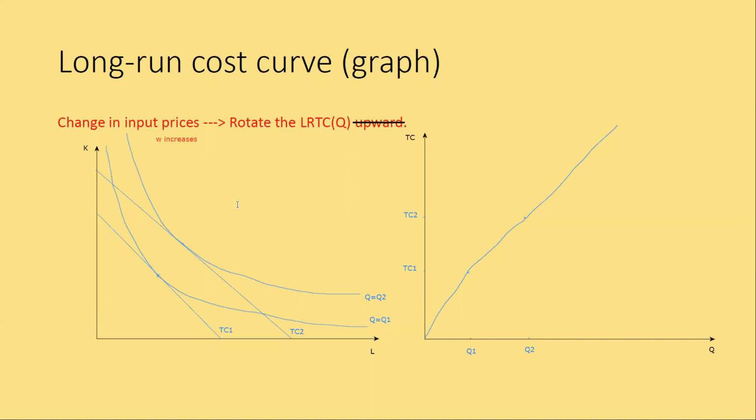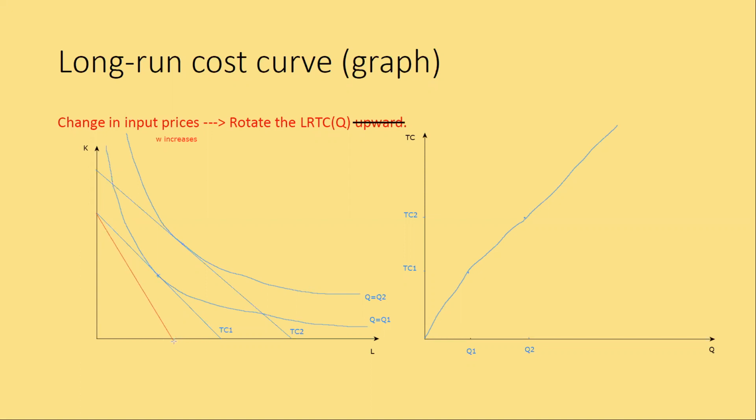If W increases, it doesn't change the isoquants corresponding to Q1 and Q2. Those two remain in the same place. It is going to change the isocost line, however. The new isocost line, when W increases, is going to become steeper.